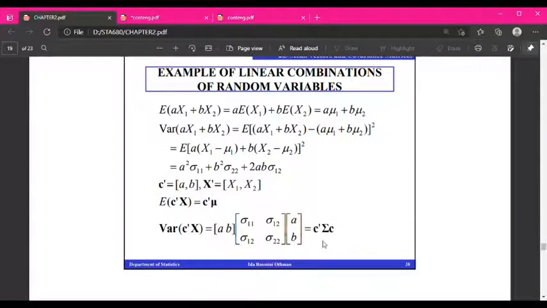Okay, ini contoh lah. Contoh saya buat tadi. We have this C transpose matrix, X matrix. So C transpose X will be the linear combination of the A x1 plus B x2. So the mean will be the expected of C transpose X will be the C transpose multiply mu. Mu ni adalah matrix of mean.